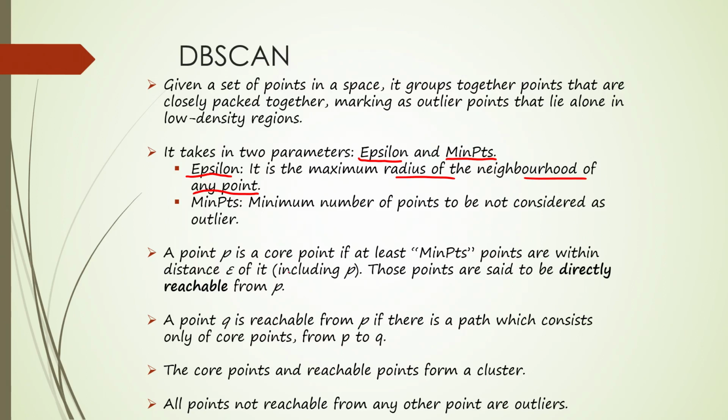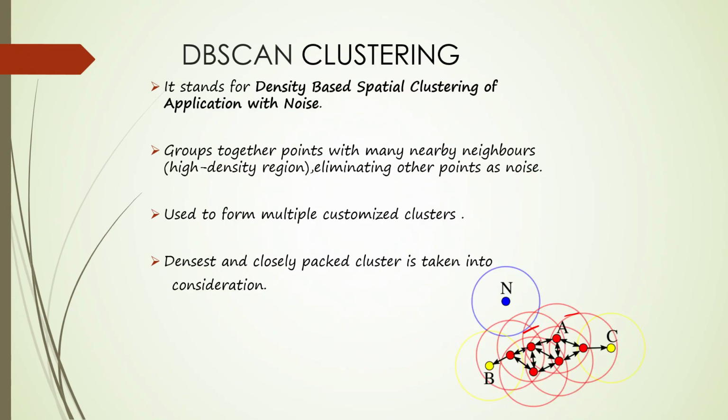A point P is a core point if at least minimum points are within the distance epsilon of it. These points are said to be directly reachable from this point P. Okay. So, point Q is reachable from P if there is a path which consists only of core points from P to Q. Look at this picture again, you can see these arrows are indicative of that, right.